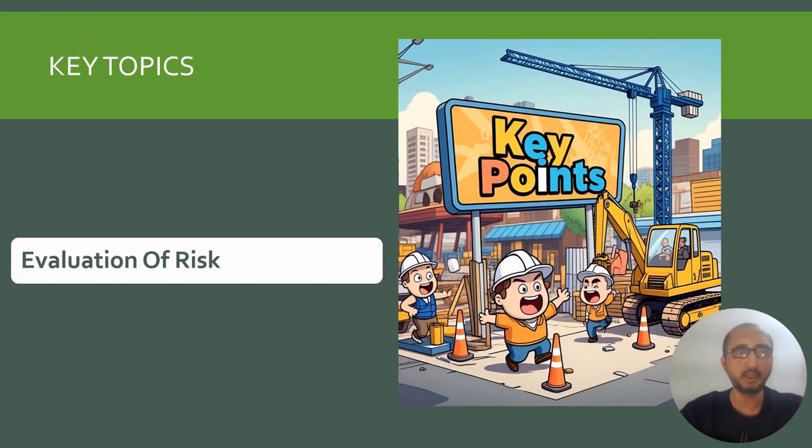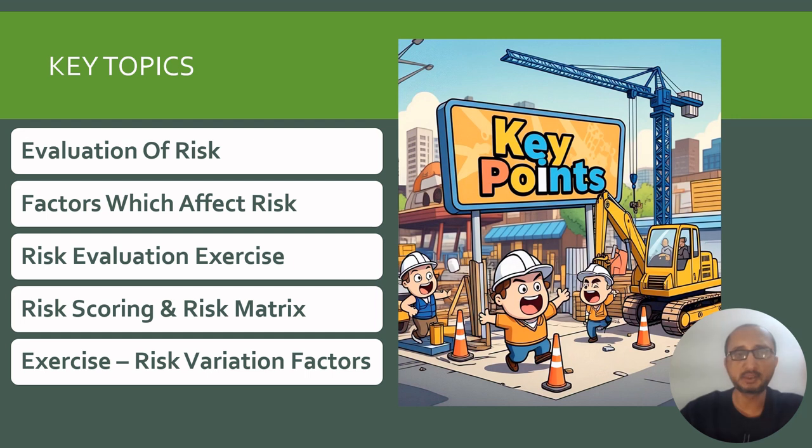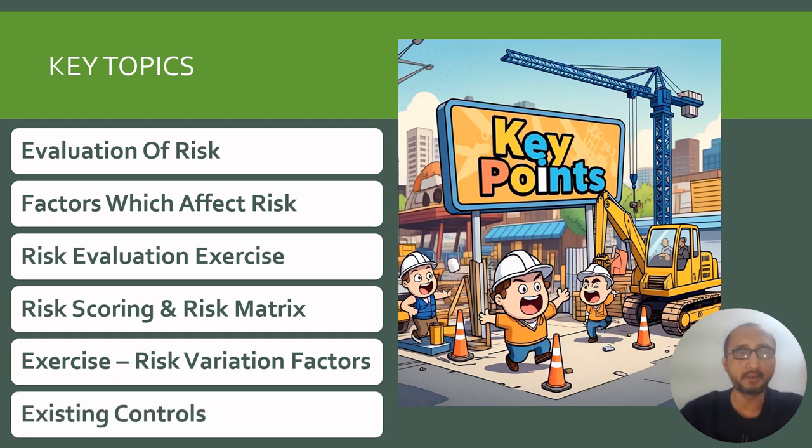Key topics for today are evaluation of the risk, factors which affect the risk evaluation, exercise to practice, then risk scoring and risk matrix, exercise about the risk variation factors, and then existing control measures.